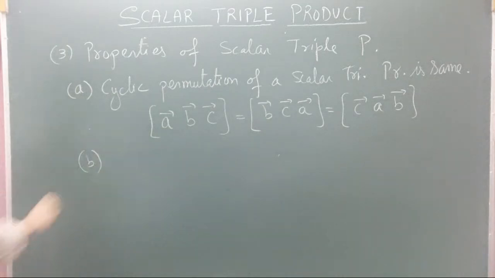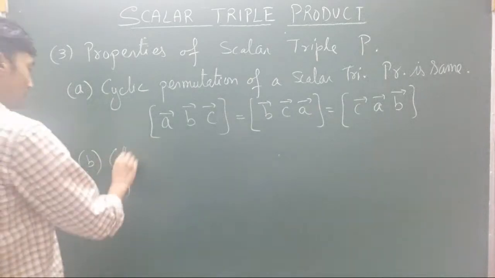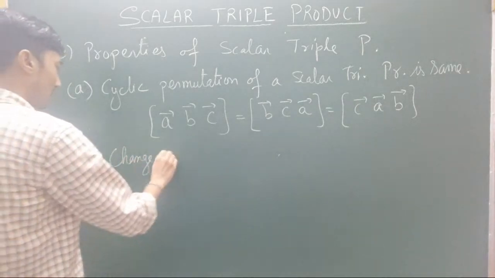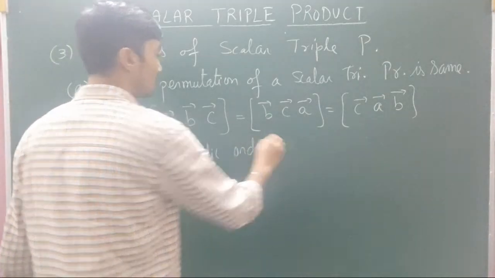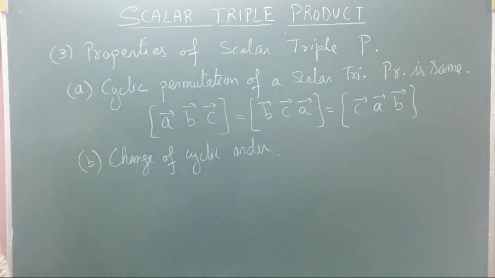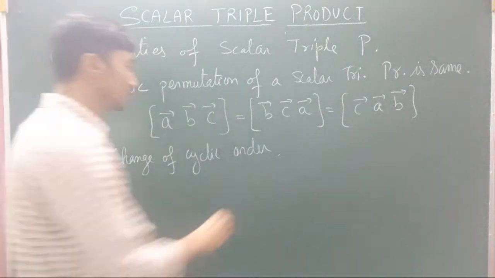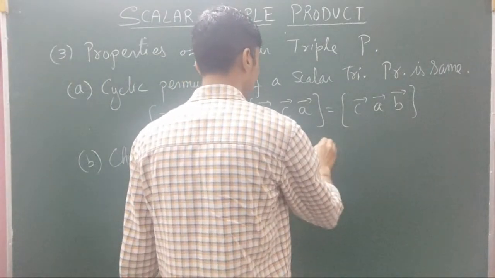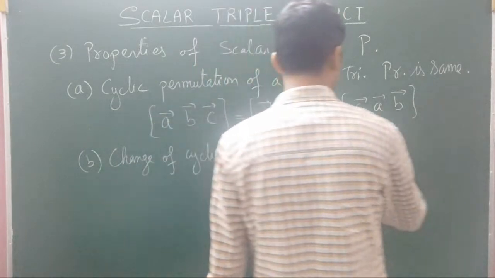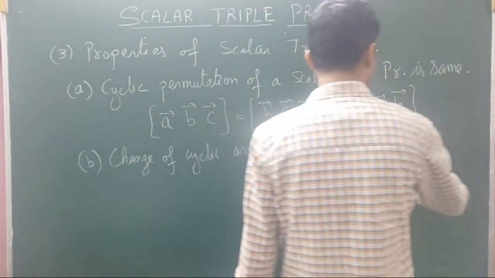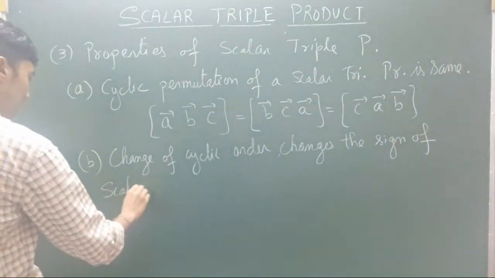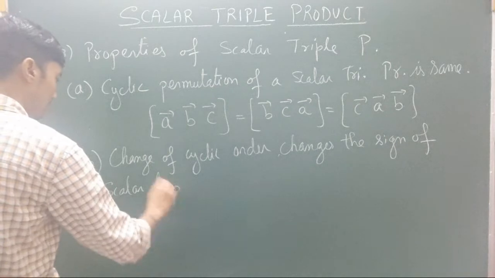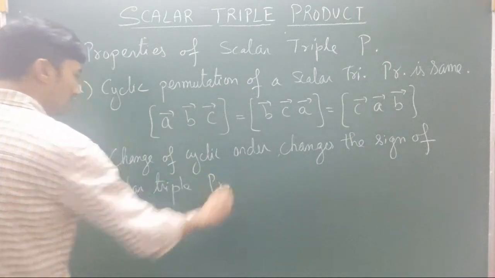That is the second property. You can write down: change of cyclic order changes the sign of scalar triple product.